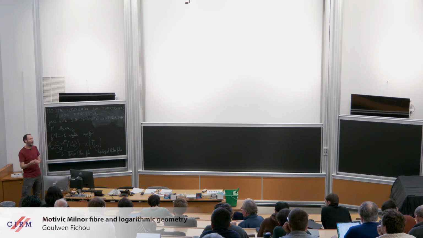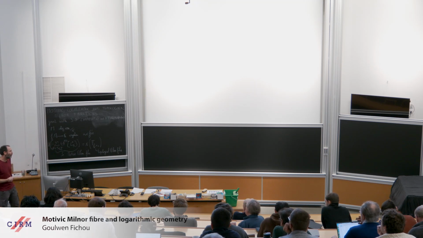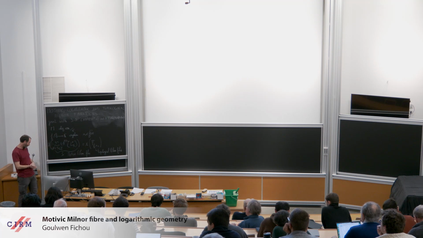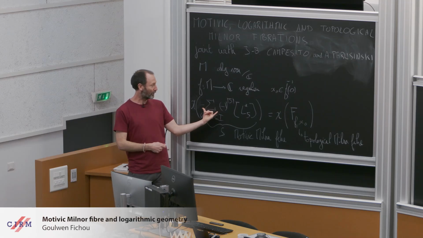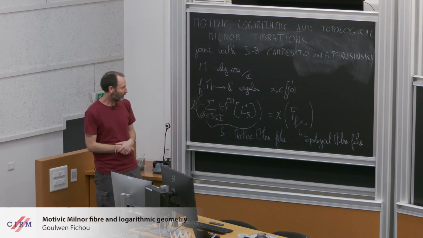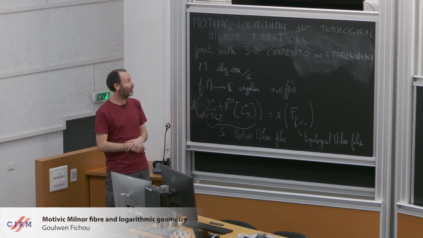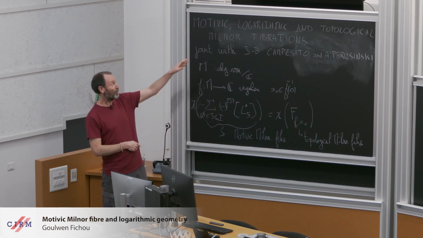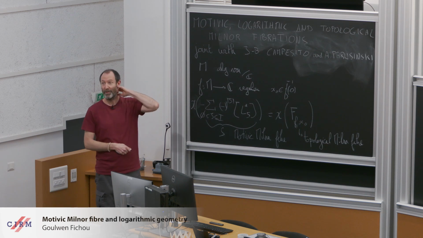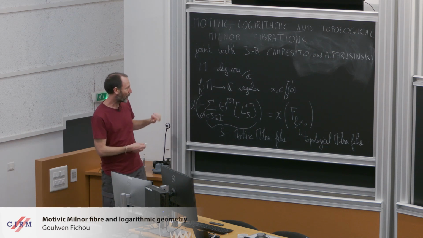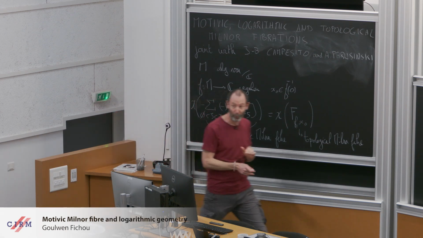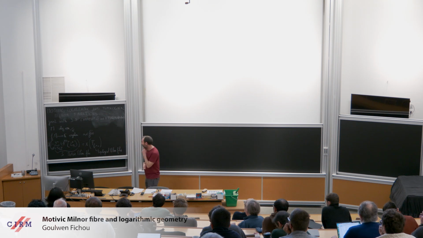You can imagine some rules with intersecting varieties to produce such a sum. And I want to try to give some explanation for why we need this sign there. To do this, I will pass via logarithmic geometry. So that's a first introduction for the talk.